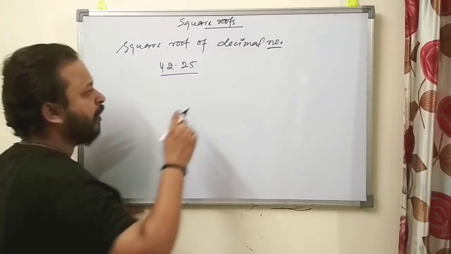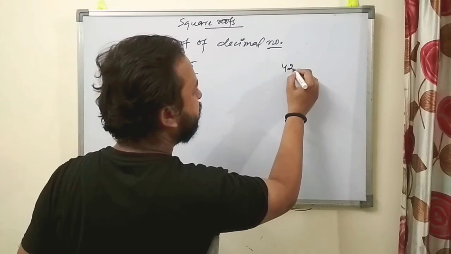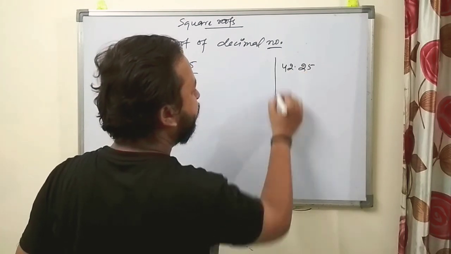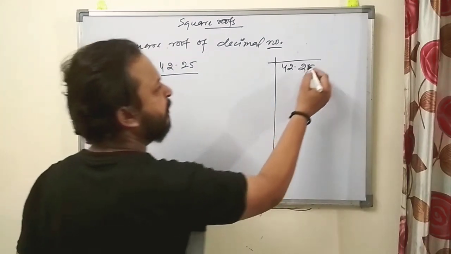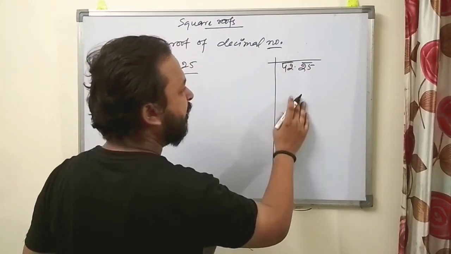What you have to do is just follow the long division method and make pairs of 2.